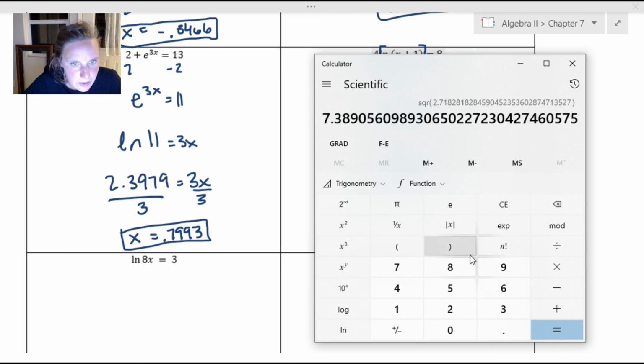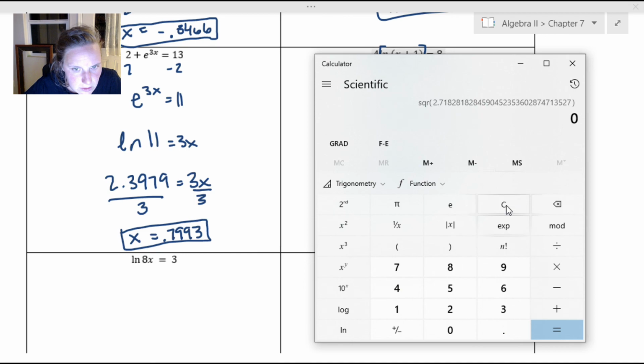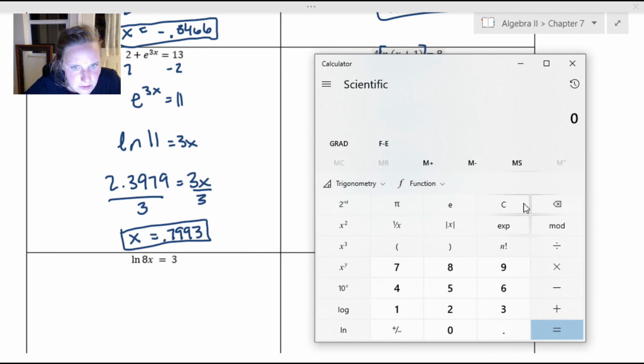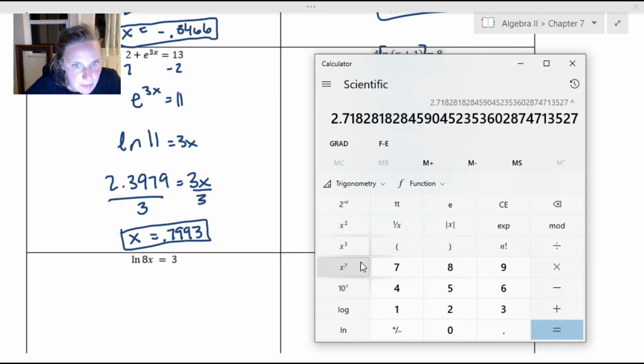E squared. Why is that happening? E to the power of 2 is equal to.